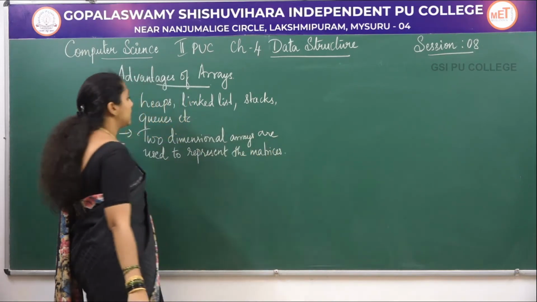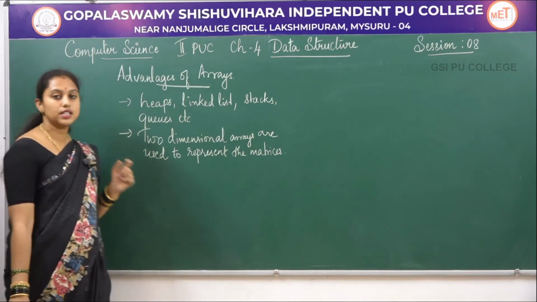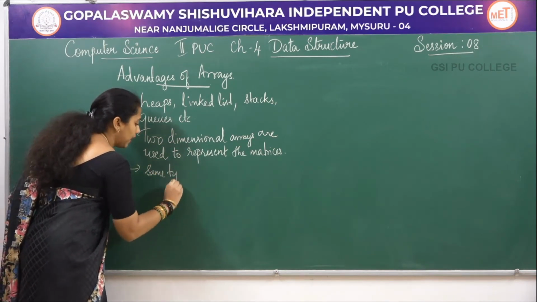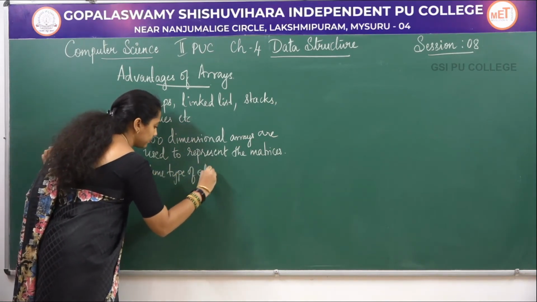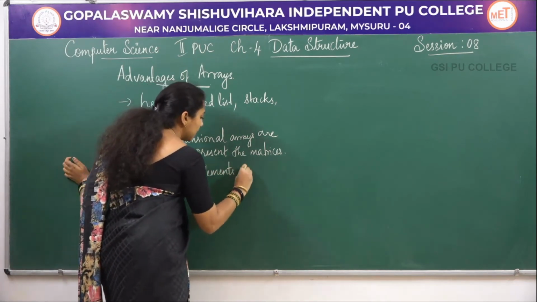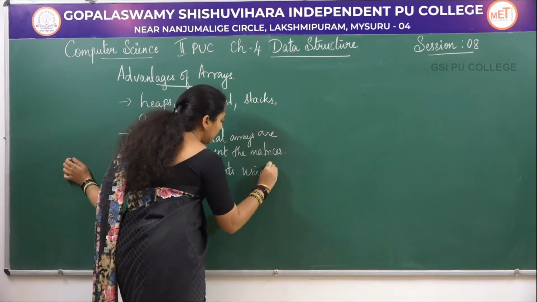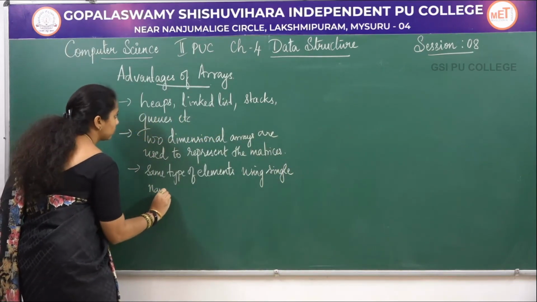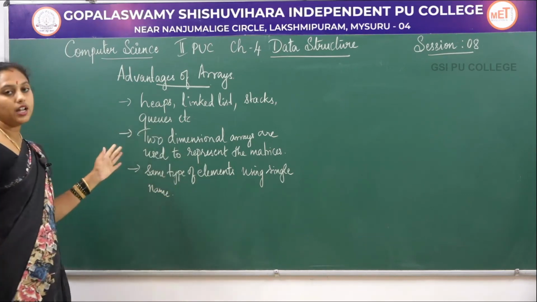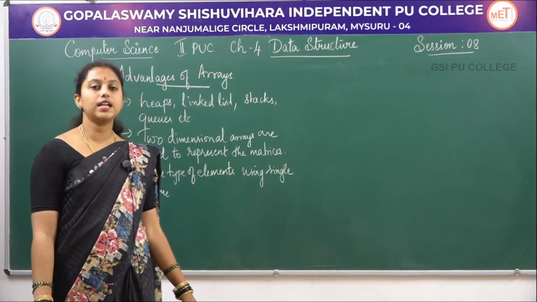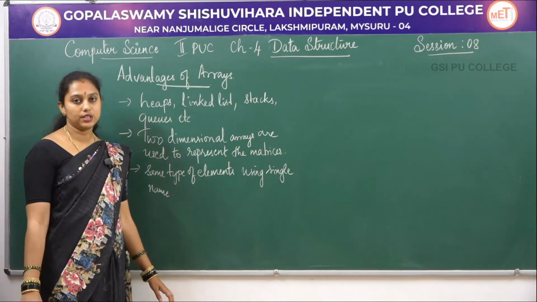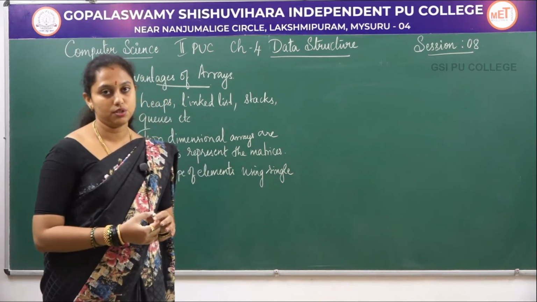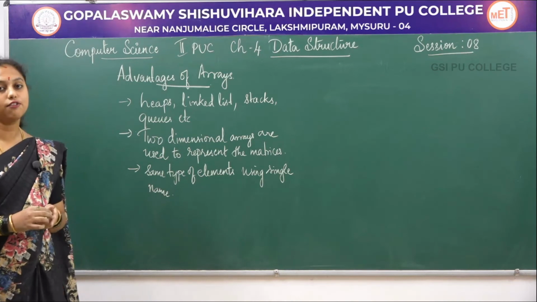So, using arrays we can represent the same type of elements using a single name, and we can represent other data structures like heaps, stacks, queues, etc., and using two-dimensional arrays we can represent matrices. So these are all the advantages of arrays.